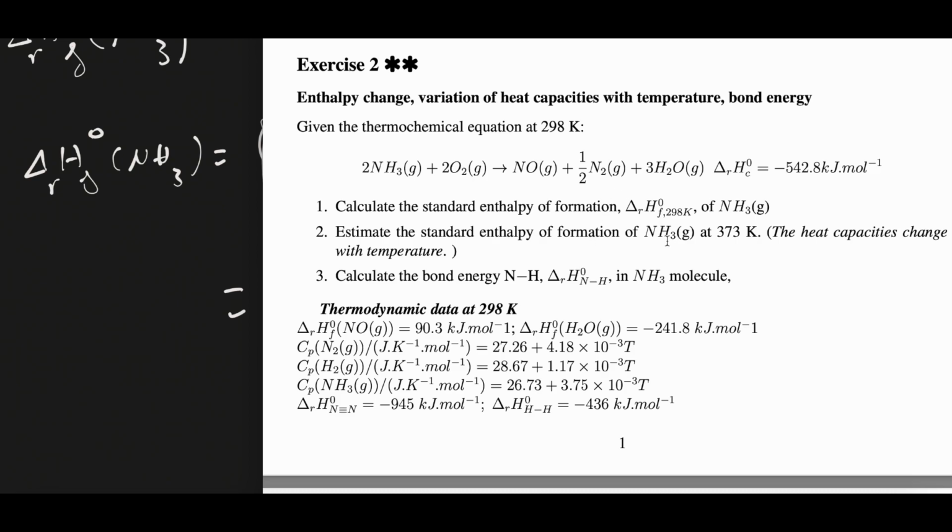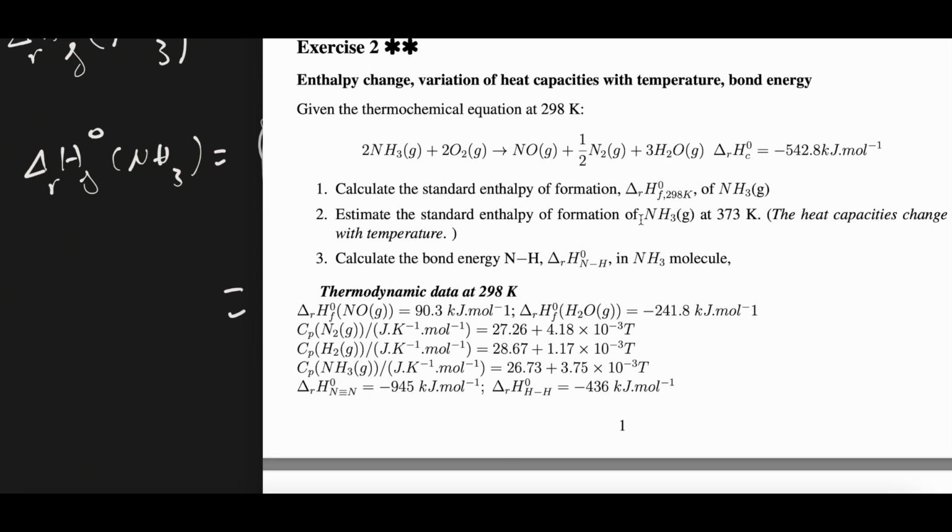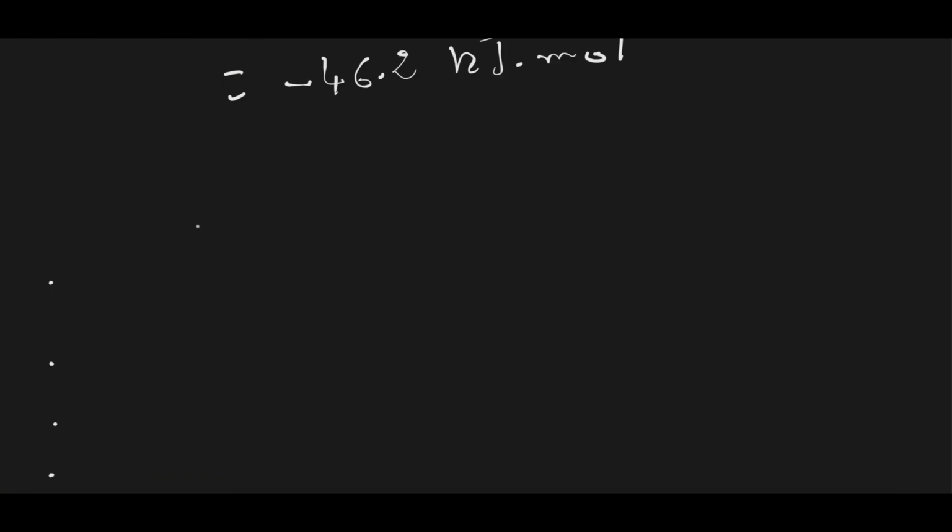Now for the second question, we calculate the standard enthalpy of formation of this substance, but at different temperature. And here they say that the heat capacities depend on the temperature, and they are given. But in this case, we need first to write the equation of the formation of NH3. An equation of formation is written using the elements in the standard state.